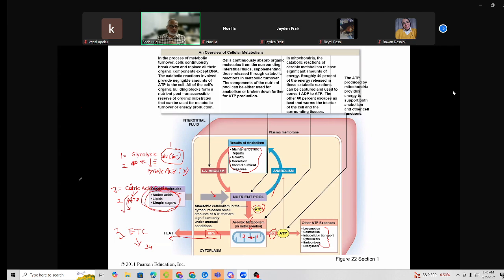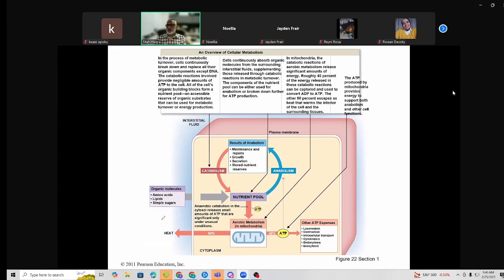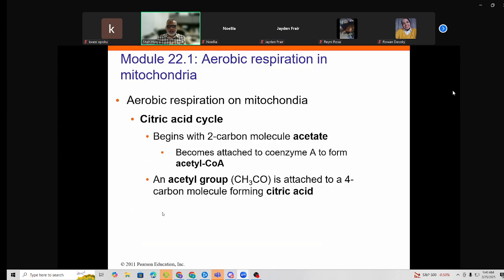Okay, now we will see these two reactions, especially the citric acid reaction and the ETC, electron transport chain reactions. And then we'll come back to glycolysis later. Okay, so the citric acid cycle, as I said, starts with 2-carbon molecules. And these 2-carbon molecules originally came from the 6 carbons of glucose.